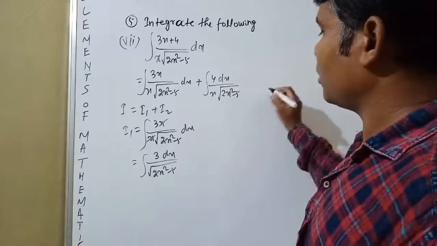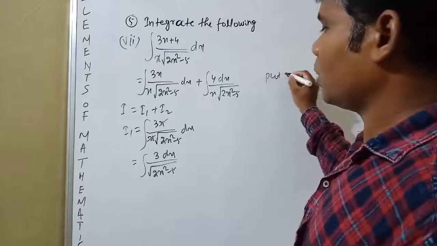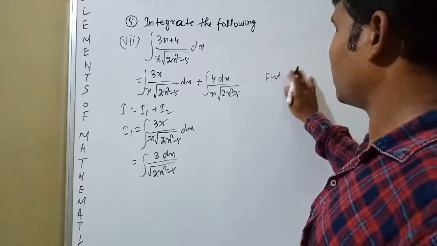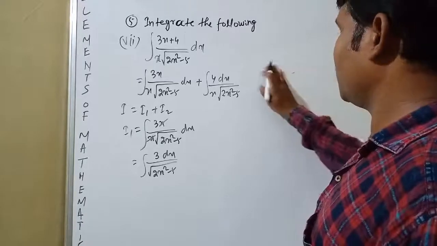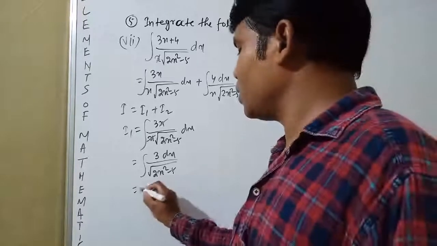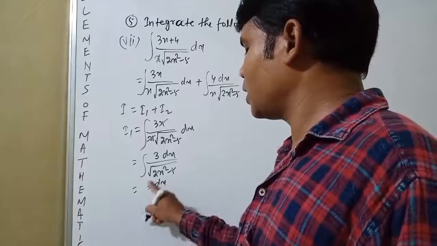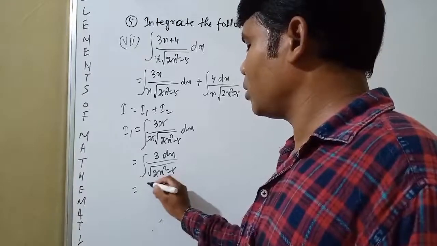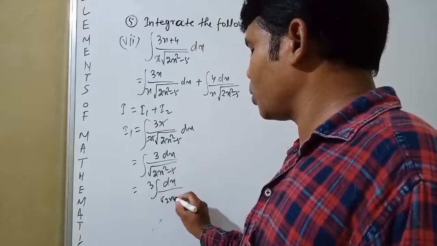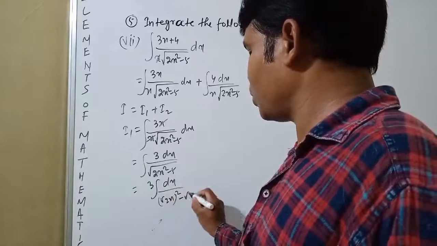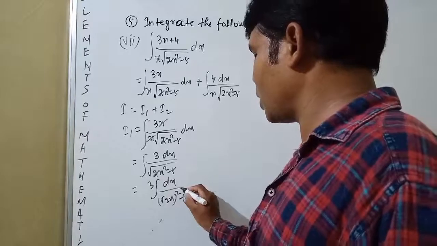Okay, now put 2x square, here you see is equal to 3 dx by root 2x whole square minus root 5 whole square.